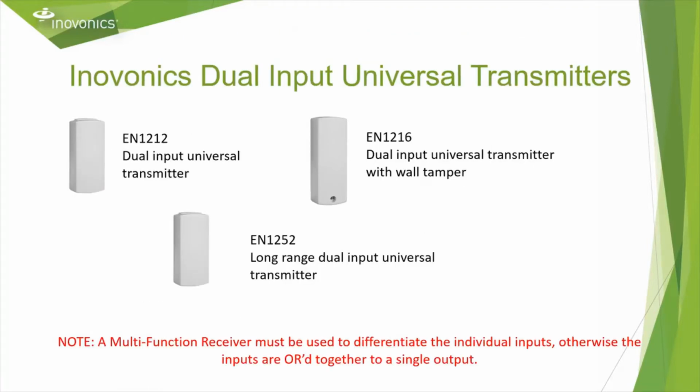We also make dual input universal transmitters for those situations where it makes more sense to wire two contacts or sensors into a single transmitter, like a double door for instance. It is important to note that a multi-function receiver must be used to differentiate the individual inputs of these transmitters.